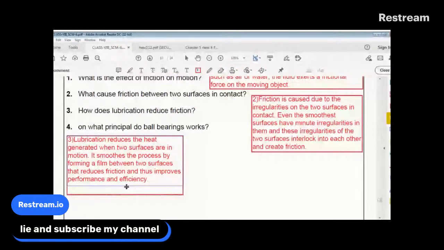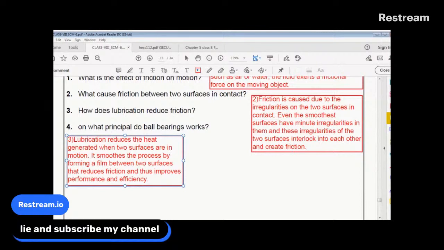Okay, so the next, I hope you can see the question, which is: on what principle do ball bearings work? Let us see the answer. This is a very easy question.